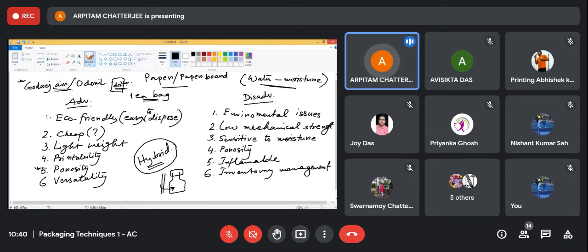But at the same point of time, you can also say there are many instances of plastic packaging also where it can be sole packaging. A better example may be glass. Now glass is very rigid, one of the most rigid materials, and I don't know whether you have seen it or not. You will see in most cases the glass bottles will have a metal cap or maybe a plastic closure onto it.